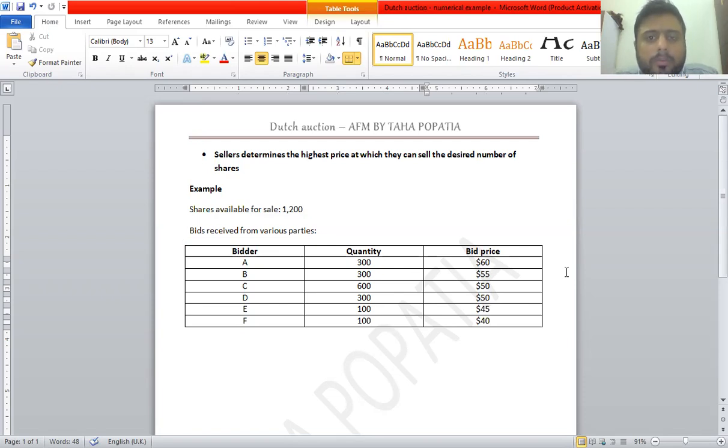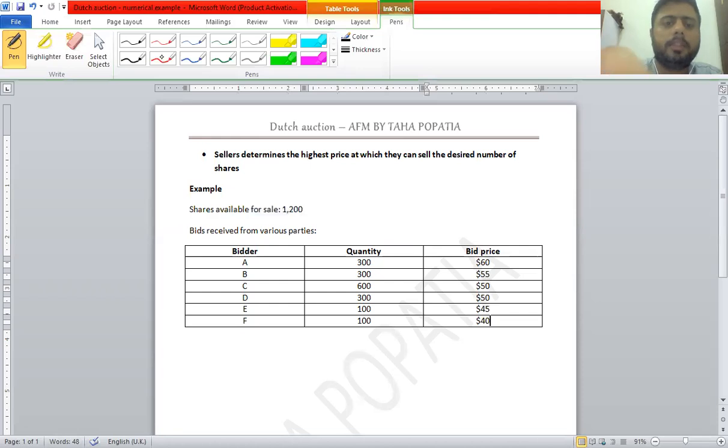So under Dutch auction, what we do is that, if we have a total of 1200 shares, the technique is to decide the price at which all the shares will be issued. Under this process, first we go from the highest to the lowest bidder.